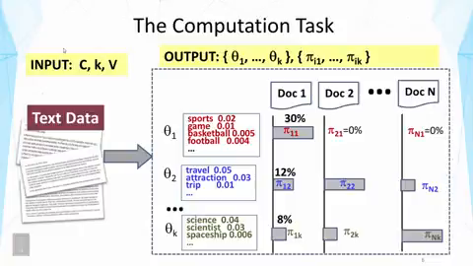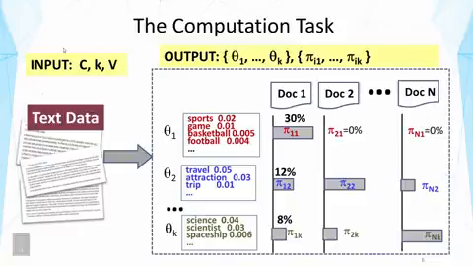It has a set of words that determines what units would be treated as the basic units for analysis. In most cases, we can use words as the basis for analysis, and that means each word is a unit. Now the output would consist of, first, a set of topics represented by theta i's.